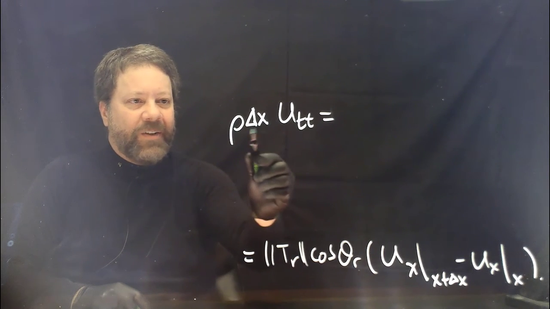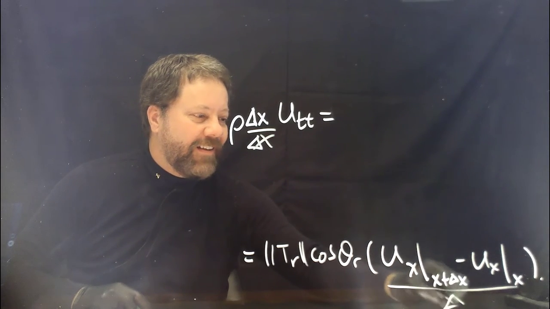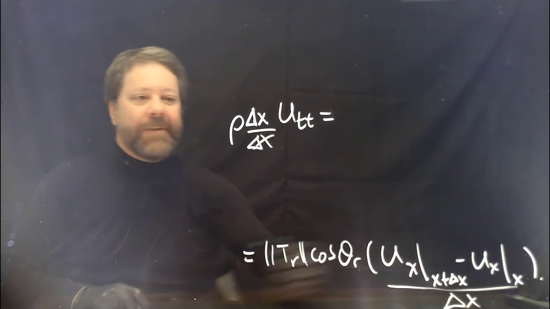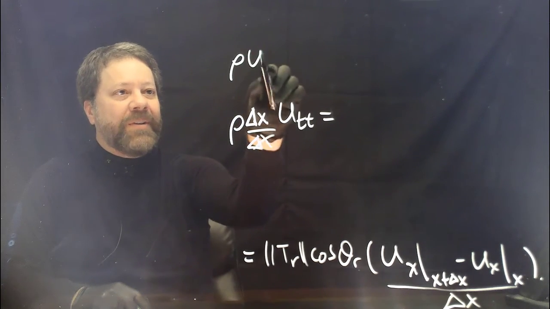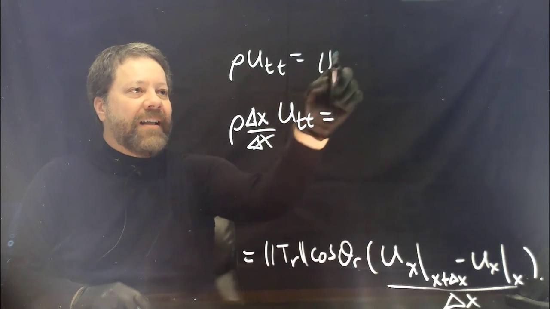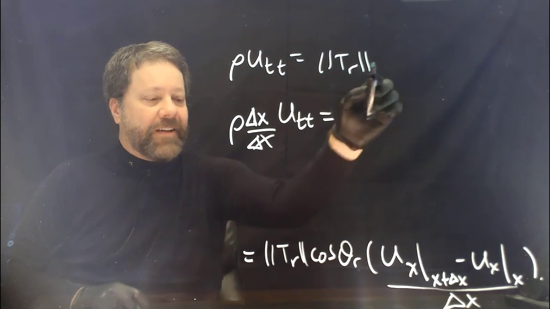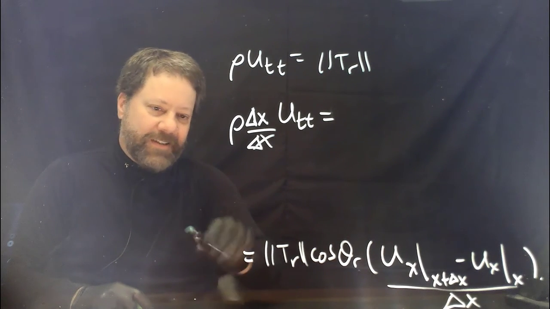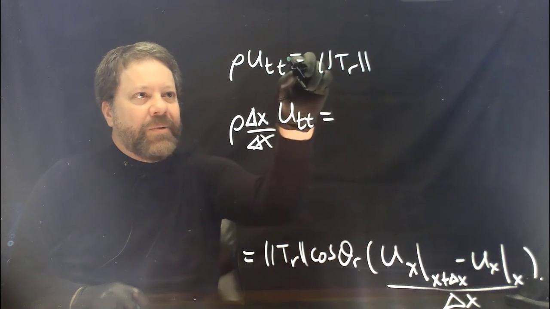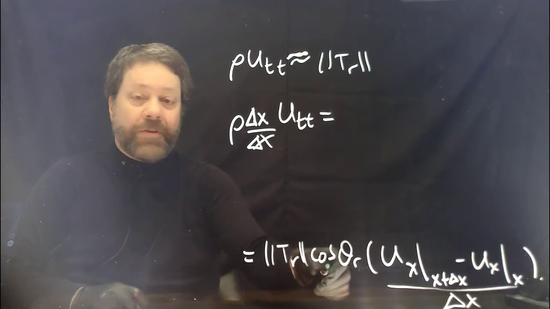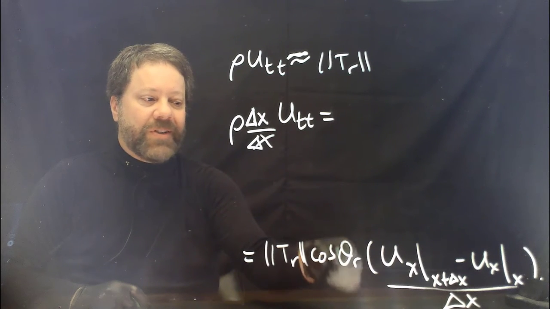At this point, we divide off the delta x and take the limit as delta x goes to 0. You can see then we'll have rho u_tt equals norm T_r. Now, another thing, we said the deviations from flatness are small, which means to within first order, cosine theta_r is going to be pretty close to 1, because theta will be pretty close to 0.